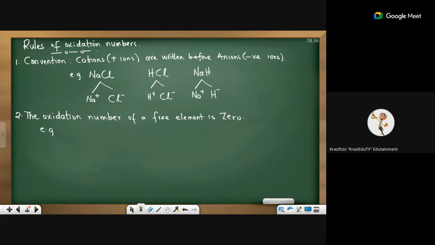Example, if I just write sodium, oxidation number, the ox number will be 0. If I just write zinc, Zn, it's a free element. It's not connected to anything. Right? Oxidation number is 0. We call it the free state element.